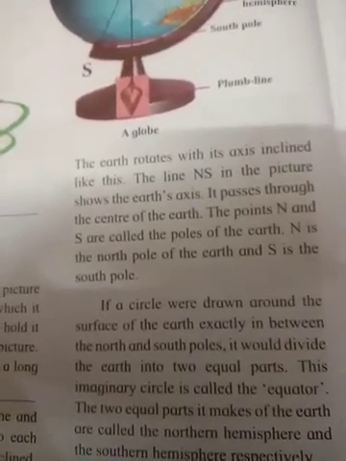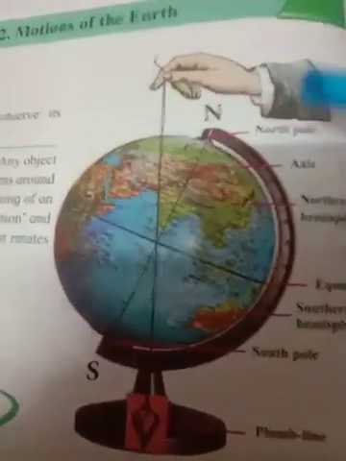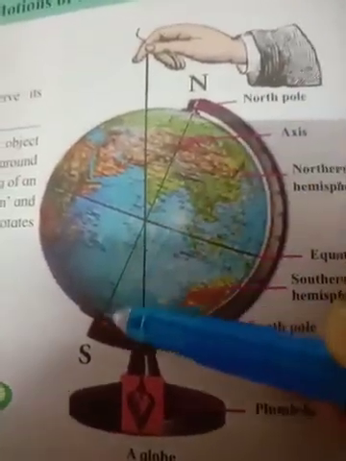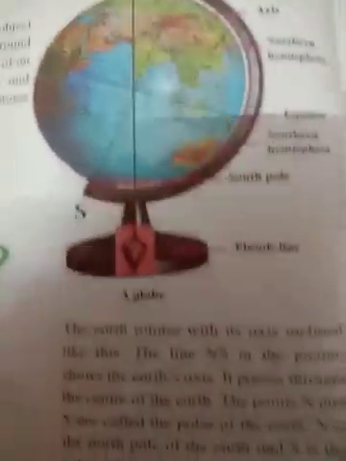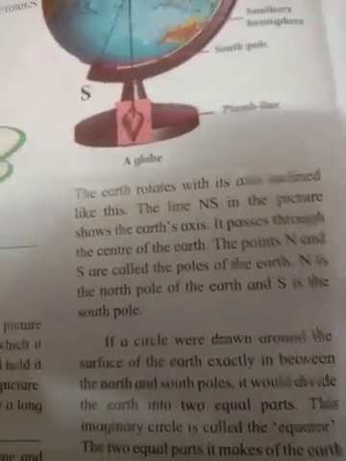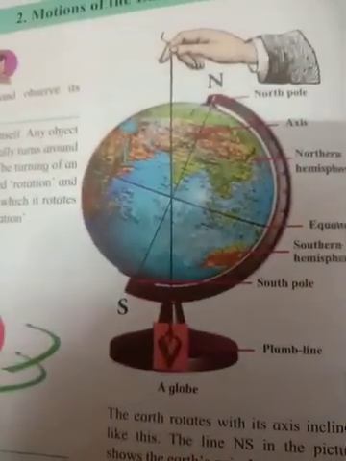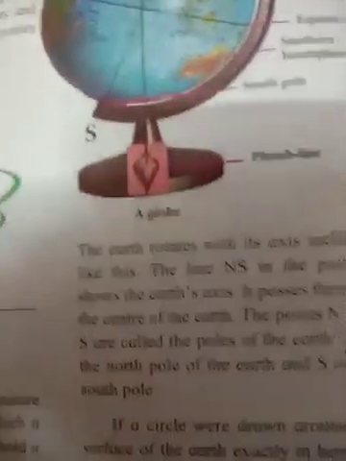The line NS in the picture shows the Earth's axis. Line NS. It shows the Earth's axis. It passes through the center of the Earth. Correct children? It passes through the center of the Earth.